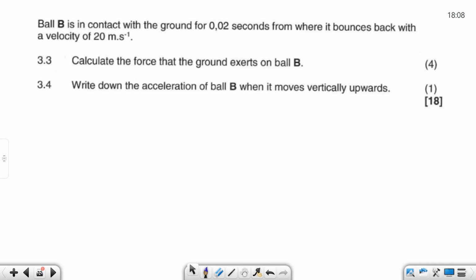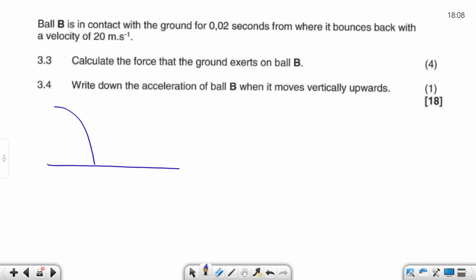Ball B is in contact with the ground for 0,02 seconds from where it bounces back with a velocity. Just what I was saying, if you have to calculate anything, please don't change your direction. Just keep it that way. So this is what we have.